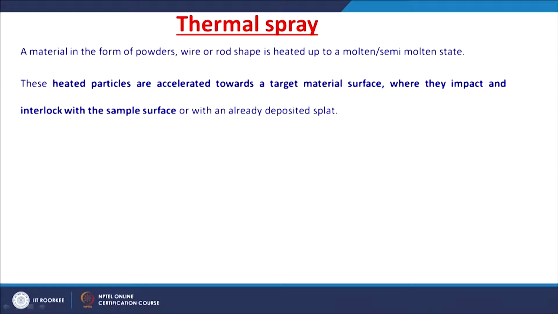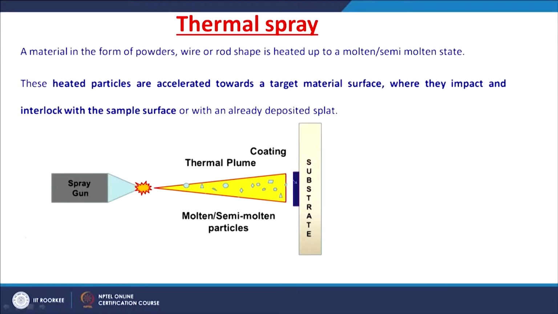In the thermal spray, a material is fed in the form of powders, wires or rods and this material is heated to a molten or a semi molten state. The heated particles are accelerated towards a target material surface where they impact and interlock with the sample surface or with already deposited splat and then the coating is formed.